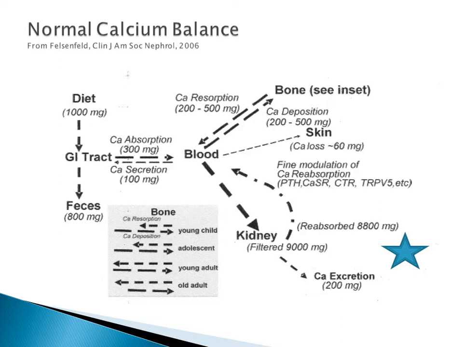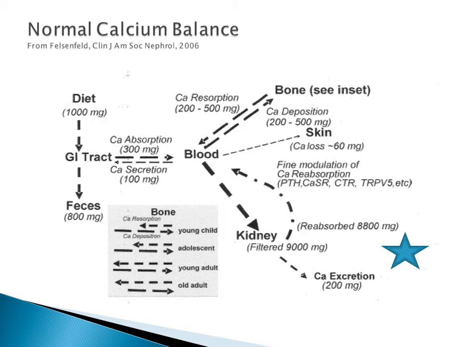And vitamin D plays an important role in promoting, along with parathyroid hormone, the reabsorption of calcium from the urine. You could imagine if the kidney were not doing its job, you would be losing all the calcium, and you would have to take that from the bones to make up for the loss in the urine.